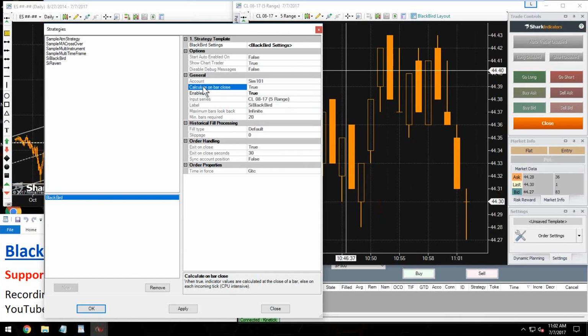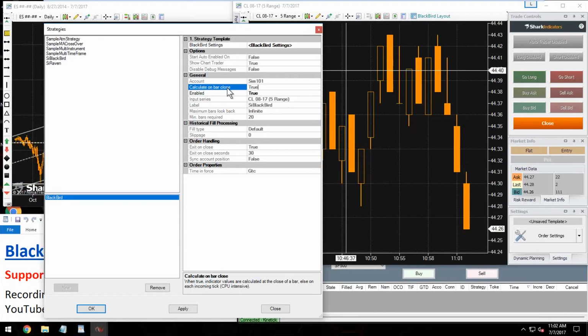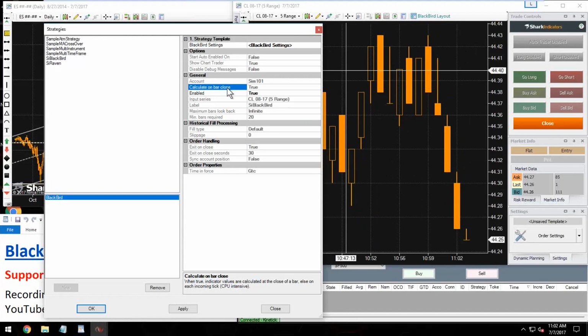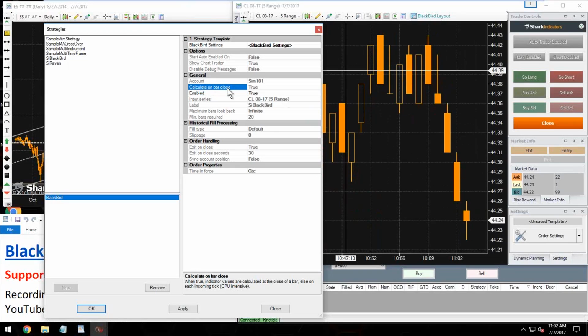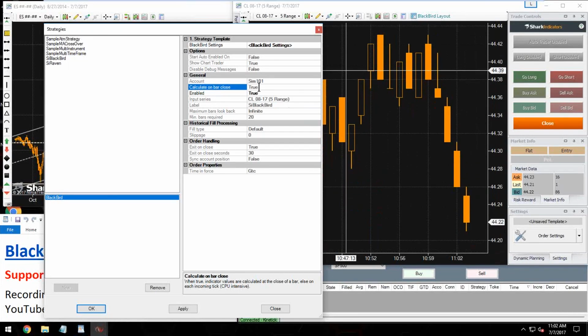So the general rule of thumb is that this calculate on bar close applies to indicators that you're using inside of BlackBird. So for example, if you're using Bloodhound inside of BlackBird, then Bloodhound will operate with calculate on bar close set to true.